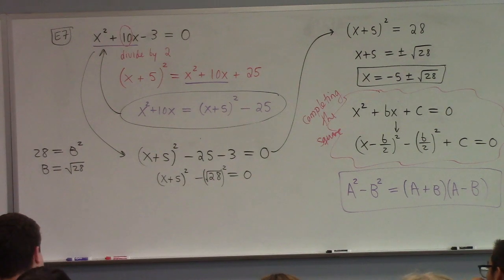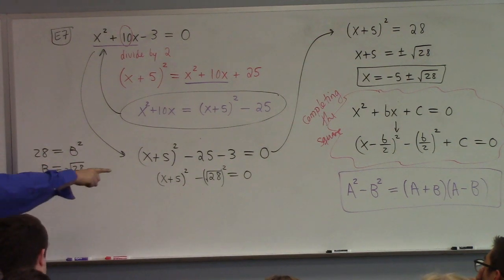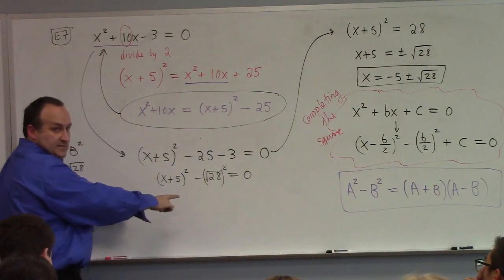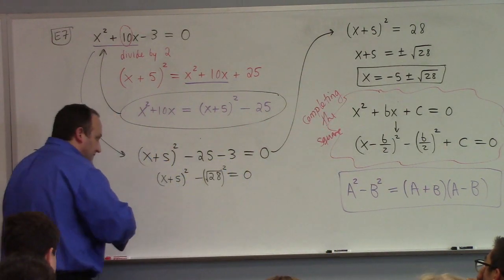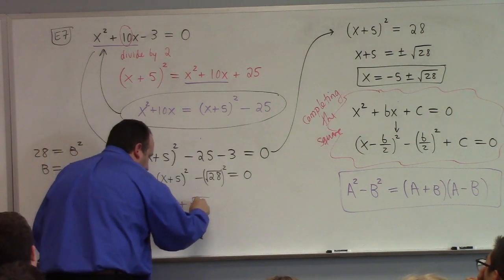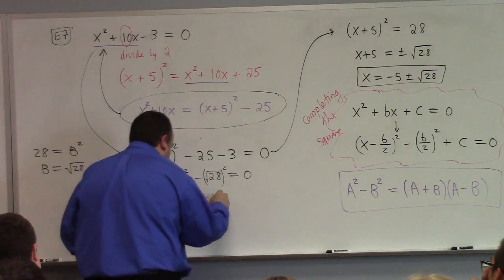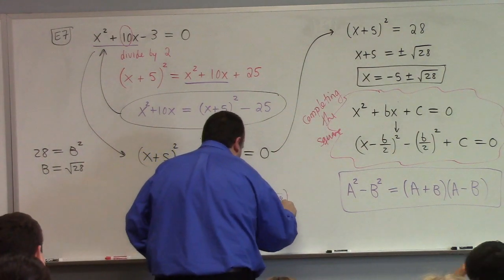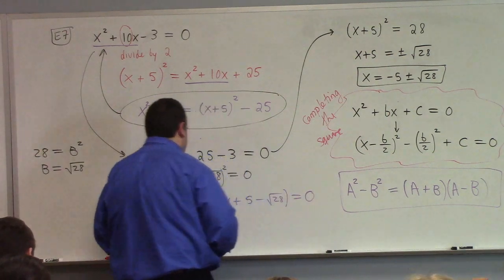It's the square root of 28 squared. That is the pattern a squared minus b squared, which means I can use this idea to factor this, just like this: x plus 5 plus the square root of 28, times x plus 5 minus the square root of 28, equals 0.